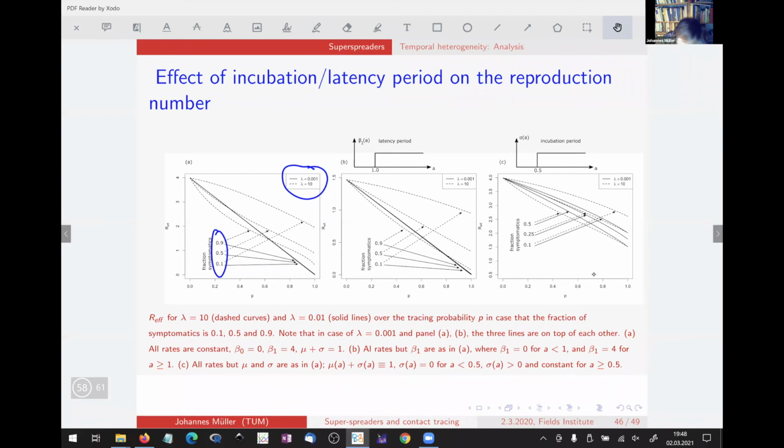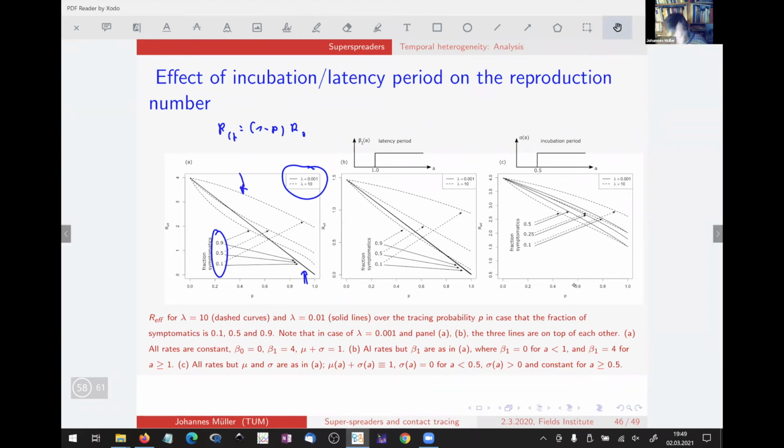And so basically, we have here six combinations. But with super spreading, all three realizations lie on top of each other. So we have that the reproduction number is basically linear, 1 minus p, linearly decreasing in p, while it's nonlinear in the case without super spreading.